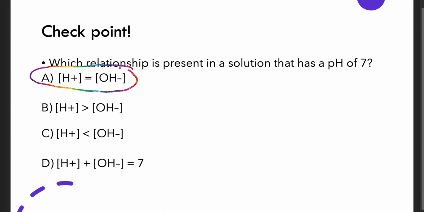So your answer would be A. When we look at these here, when something has a high concentration of hydrogen but low concentration of hydroxide ion, it's going to be an acid. While when you have a low concentration of hydrogen ion and a high concentration of hydroxide, it's going to be a base.